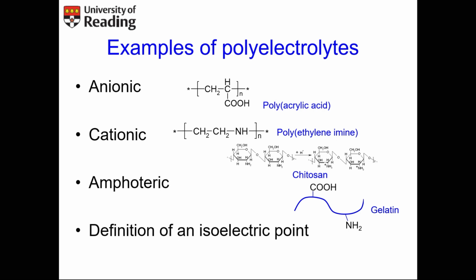So you should have an idea what is the definition of isoelectric point. Isoelectric point is a pH at which the amphoteric polymer will have a total charge of 0. Because depending on pH, an amphoteric polymer could be either positively charged or negatively charged. But at some intermediate pH, which is the isoelectric point, this polymer will have no charge.